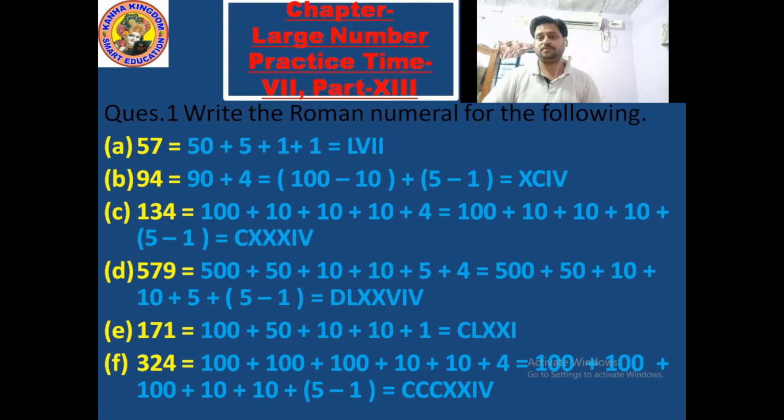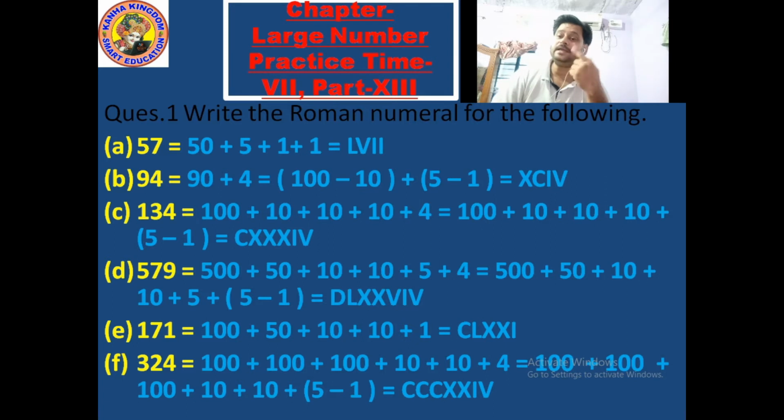Second one is B part, 94. How can we write 94? See here, it is 90 plus 4. Is there any letter for 90? No. Means how can we write 90? Because you all know any letter repeats only 3 times, not more than 3 times.